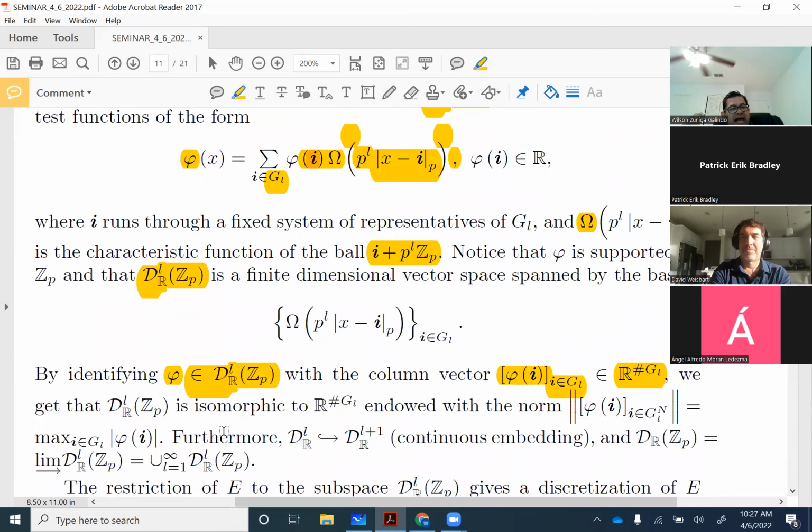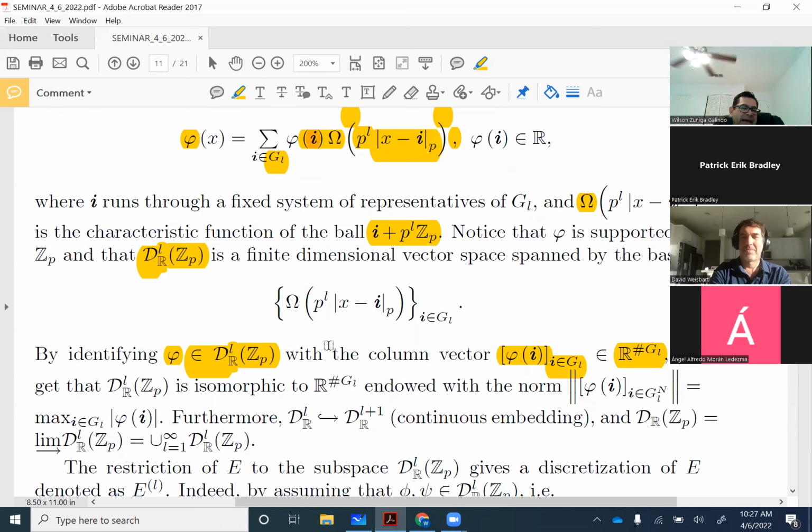In the Archimedean case, the discretization of a Schwarz function is not a Schwarz function. Here, in the p-adic case, the discretization of a Bruhat-Schwarz function belongs to the Bruhat-Schwarz space. This means that really all the test functions, or Bruhat-Schwarz functions, are discrete objects.